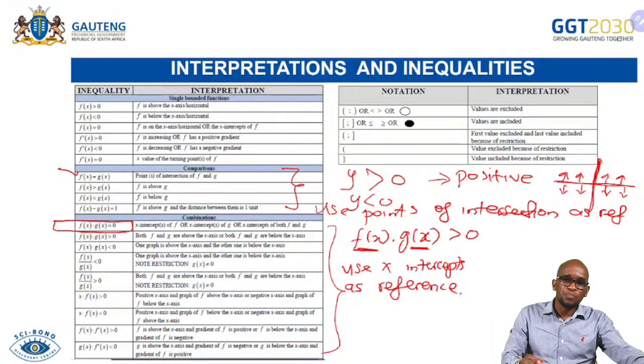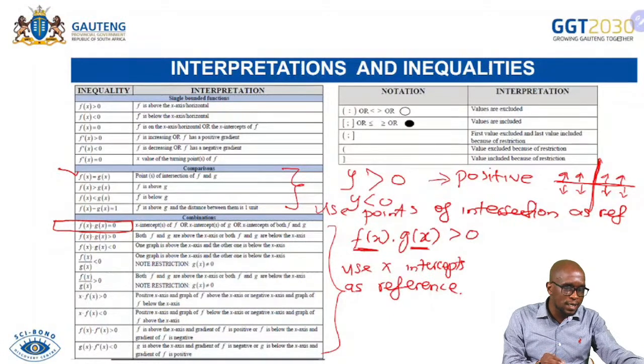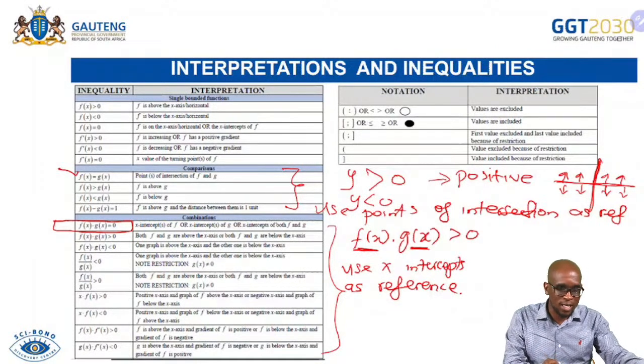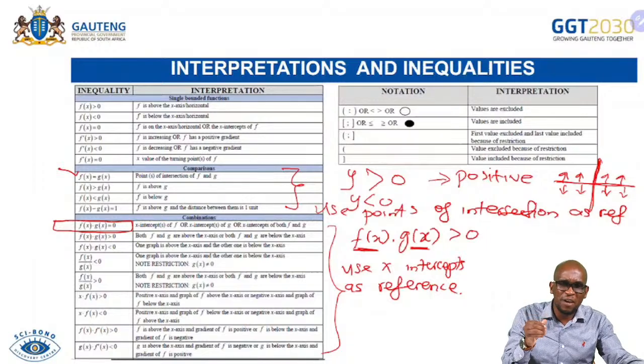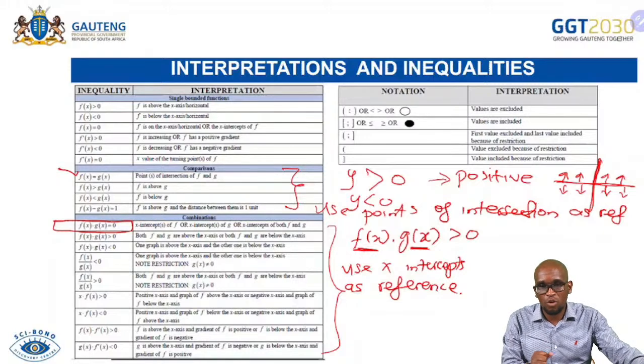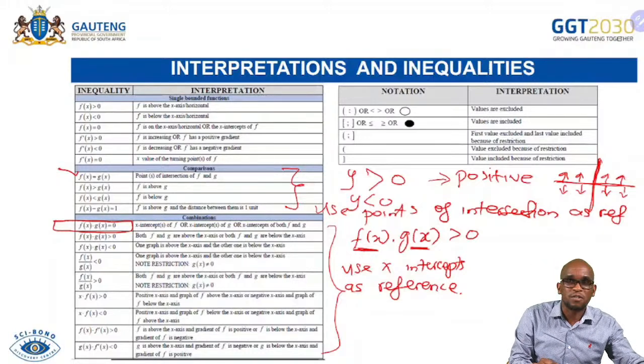I repeat, you are going to check where the graphs intersect the x-axis, because that is where the combined effect is equal to 0. So we start with where the combined effect is equal to 0, and then from there, we can know whether the combined effect would be positive or negative.